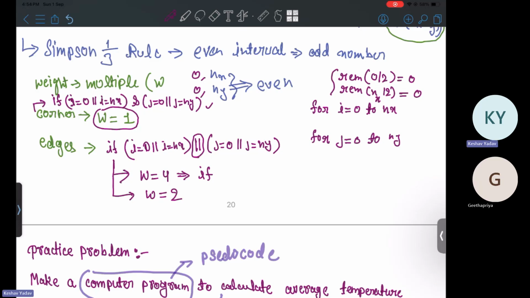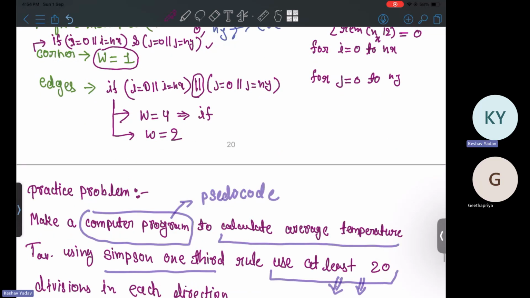So if the remainder of i and 2 and the remainder of j and 2 are both equal to 0, means both are even.